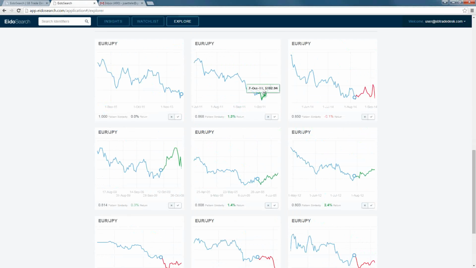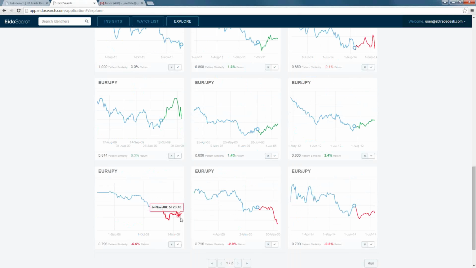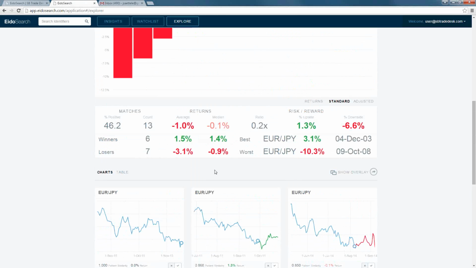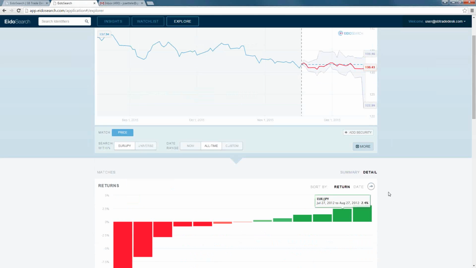And in this instance, the ones that match closest actually ended up being positive to neutral, I'd call them. And the ones that are maybe not as closely matched, matches of 0.796, 0.795, 0.790, ended up being the really negative ones. Okay, so it's a good starting point for a deeper analysis.